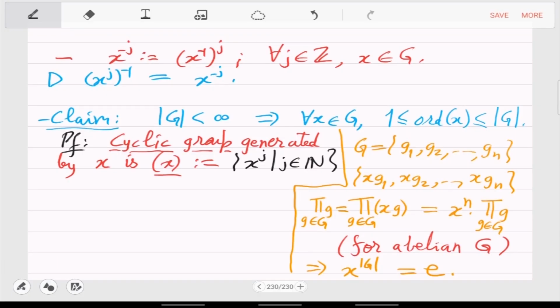First of all, is this a group? Because I'm calling it the cyclic group, so it better be a group. Why is that? Actually, let me make that proof trivial by putting Z here. Then it is clearly a group because for x to the j there is x to the minus j.